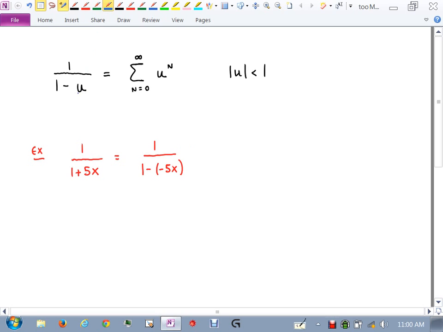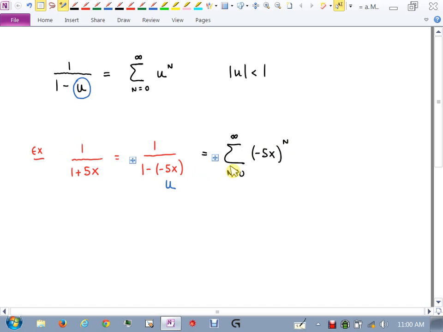And then in that case, our u, right? Our u is the negative 5x. The u that we have here is this. And so I can go straight to the summation n equals 0 to infinity of u, which is negative 5x, to the n. And that's what it'll be, right?